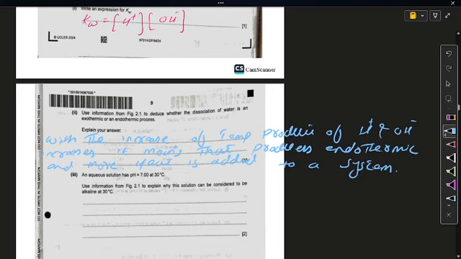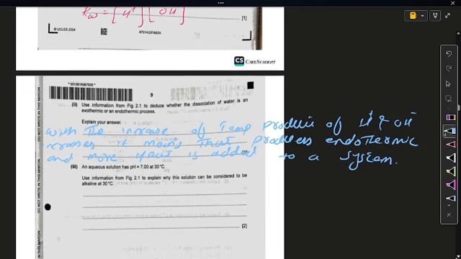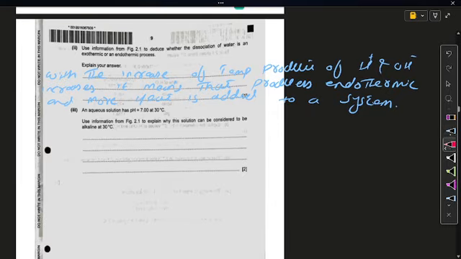Next is an aqueous solution of pH 7 at the temperature 30 degrees. Use the information in the figure 2.1 to explain why that solution could be considered as alkaline at 30 degrees centigrade. So first of all, you have to be sure about alkaline or acidic solution, like how you can show that the solution is alkaline.